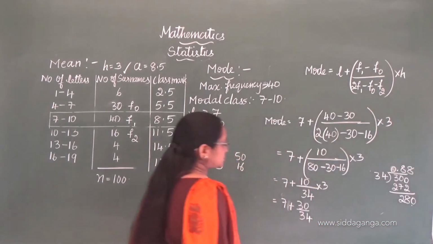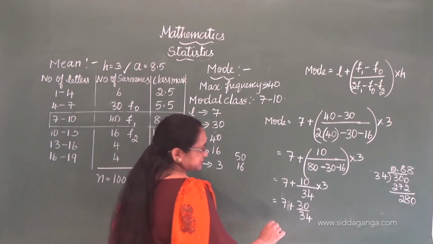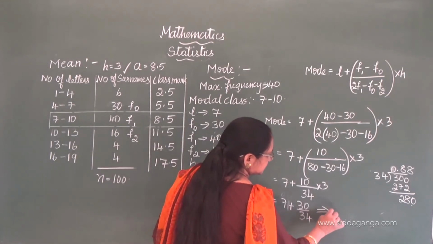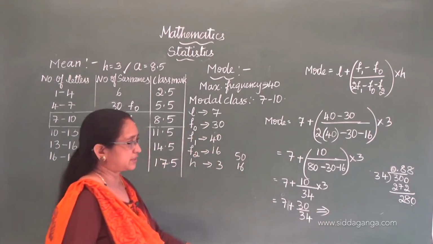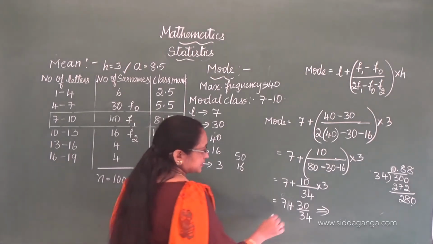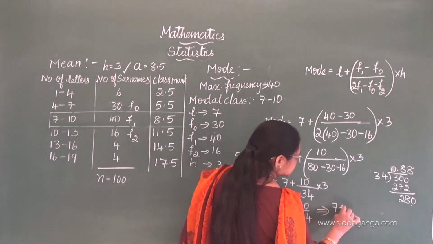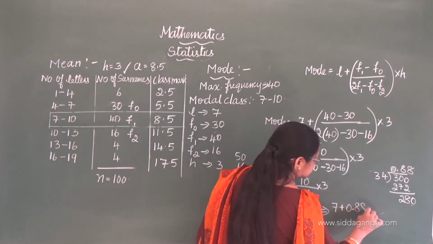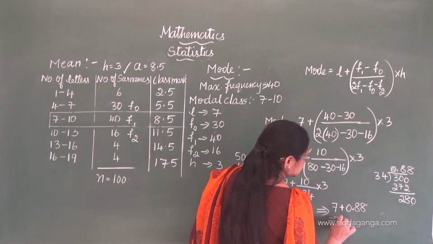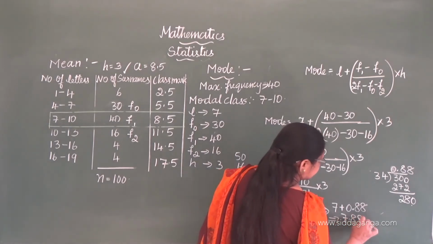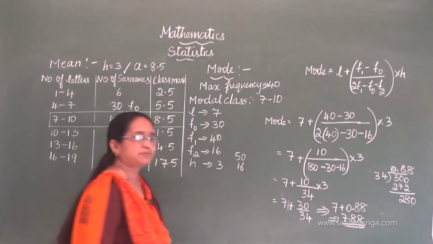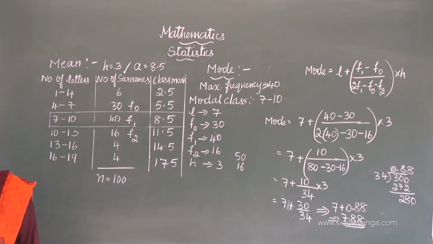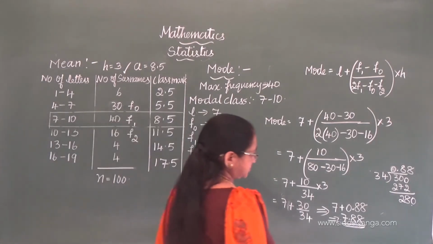So, I think we can stop there. We do not get the exact value, but the approximate value is 7 plus 0.88. So, the answer is 7.88. 7.88 is the mode, approximate mode.